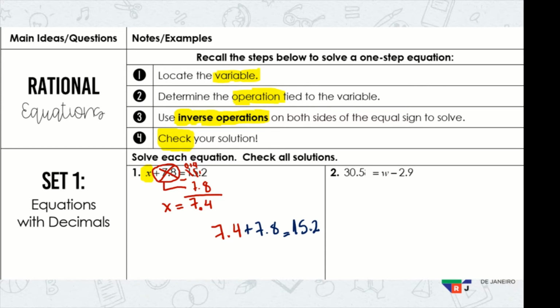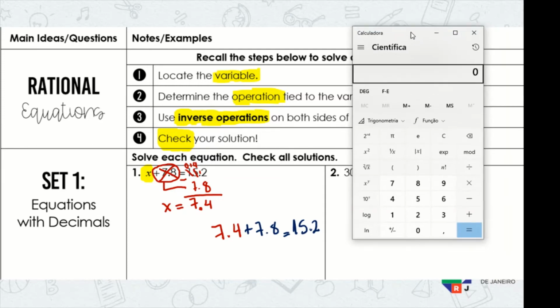Please have a calculator next to you and check this for me, please, if it is true or false. Somebody can check it for me. Use the calculator. If you don't have a calculator, you can use your computer. Okay, is it true? I will show here. Can you see my calculator here in the presentation? Yes, can you see? Thumbs up. Nice. Let me show here.